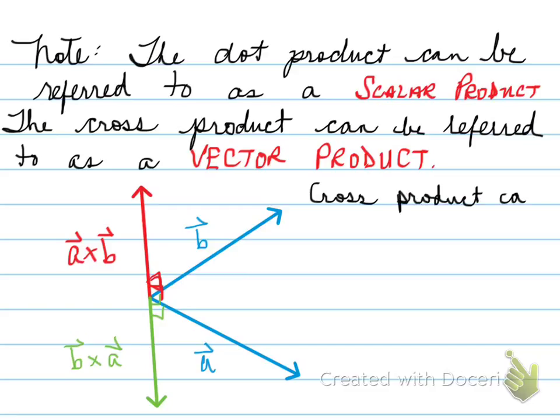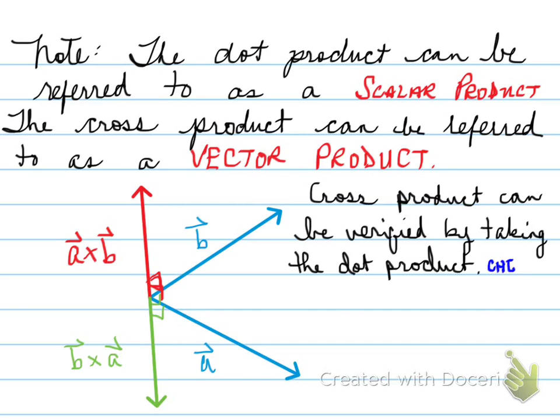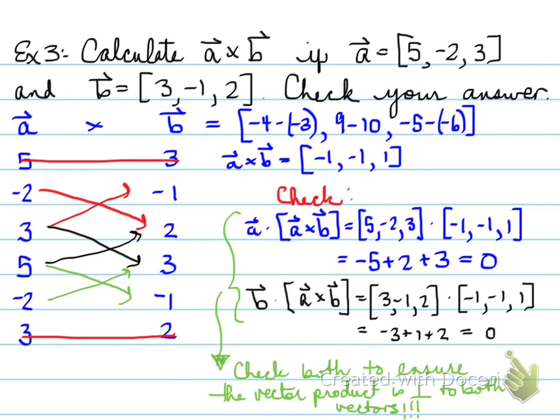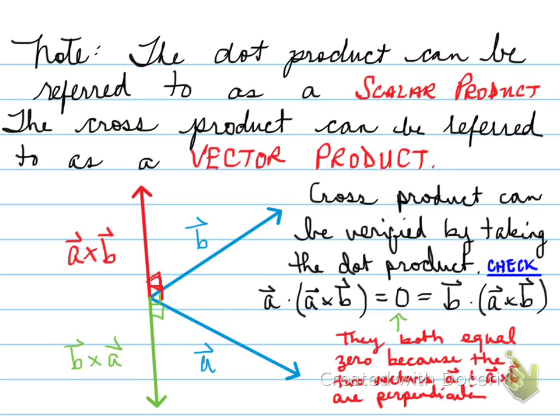In the meantime, the cross product can be verified by taking the dot product, and we use this to check our answers. When you have time, it's a good idea to check your answers because if I take the dot product of the A vector with the cross product, that will result in a value of 0.